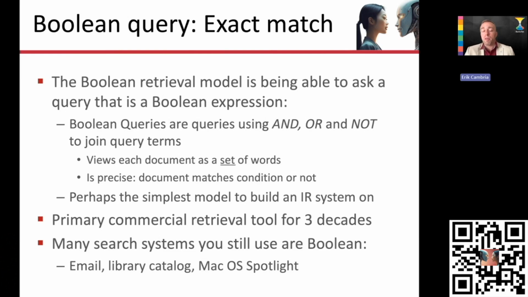There is no point to use more complex algorithms for this. And that's why, for example, even today, your macOS Spotlight to find documents in your computer works like that. Or even when you search for emails in your mailbox, it's also done by Boolean query.